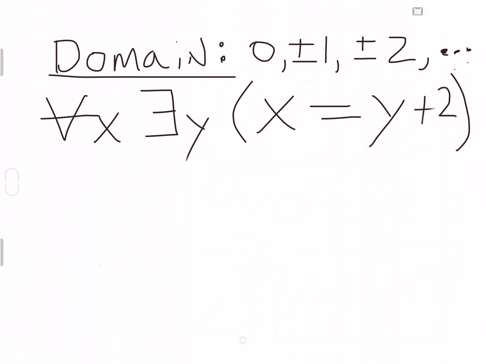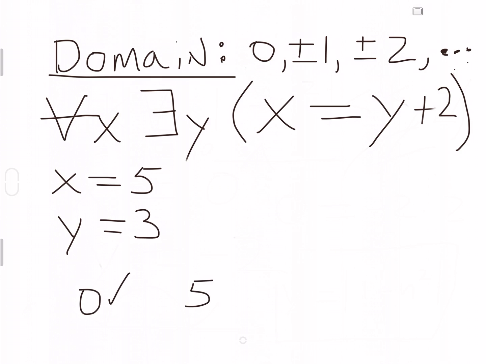All right, let's pick a positive number. Let's say x is equal to 5. So y, in this case, is equal to 3. So it worked for 0, check. It worked for 5, check.